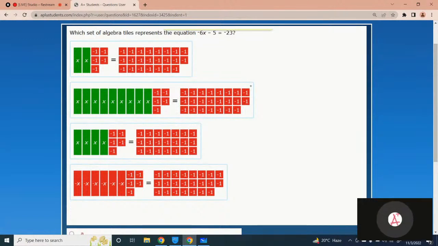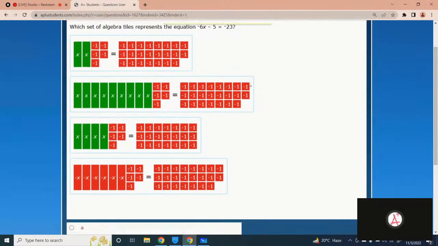Negative 6x. Here the last option is the correct one, because all the 6x tiles are negative, then the 5 is negative here, and then 23 is negative here. So the last option, number D, is the correct option, because all the three coefficients are negative.